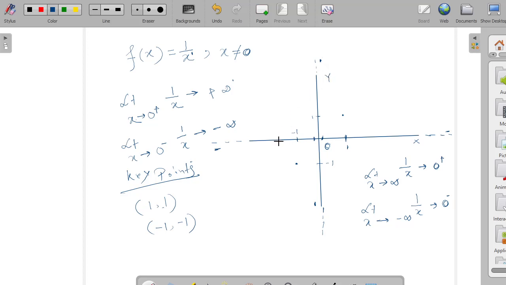Odd vertical asymptotes mean the graph will approach infinity at opposite ends. Odd means opposite. Okay, so now we are in a position to sketch the graph of this function, and let me erase this y over here. Okay, so let me draw the graph of this function.